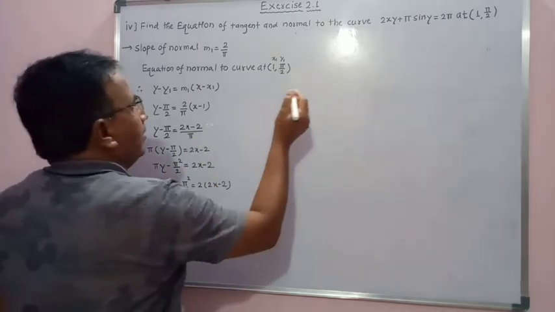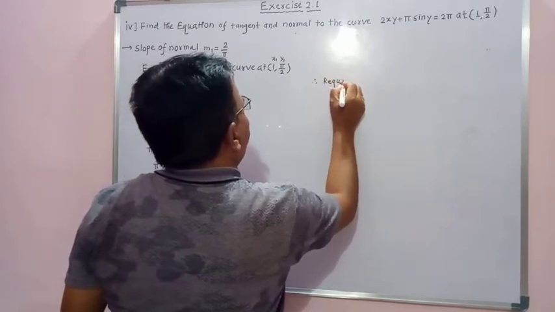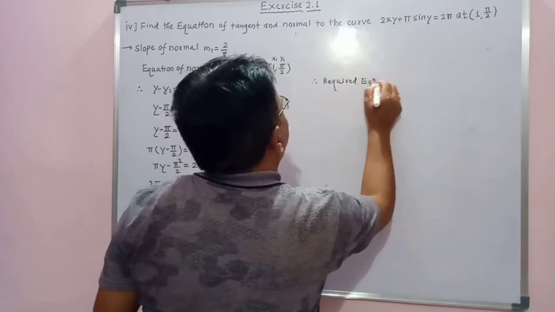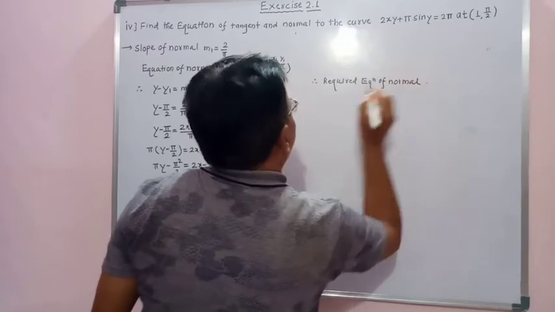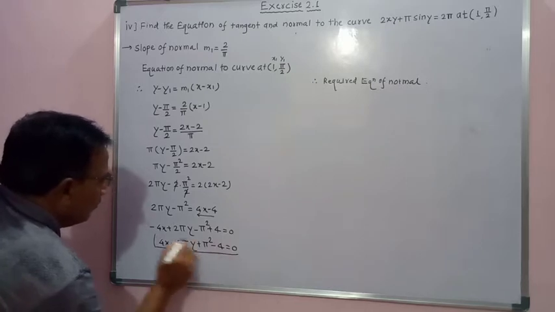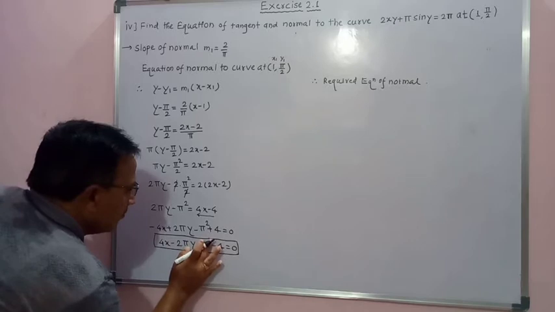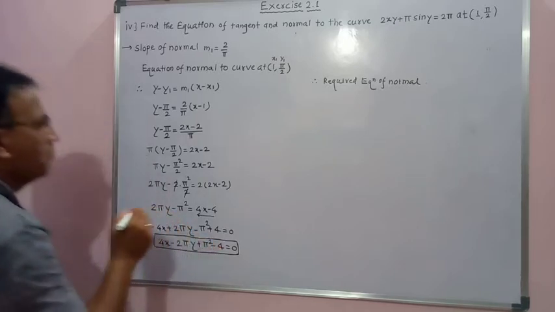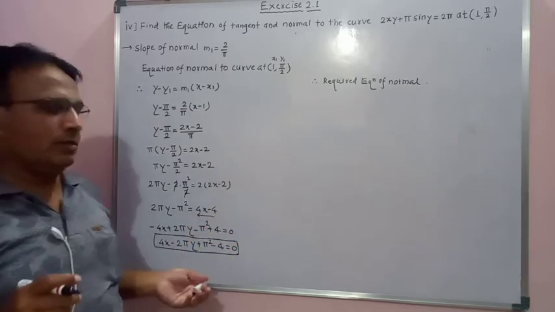This is the required equation of normal: 4x minus 2 pi y plus pi square minus 4 equals 0. This is the required equation of normal. Okay.